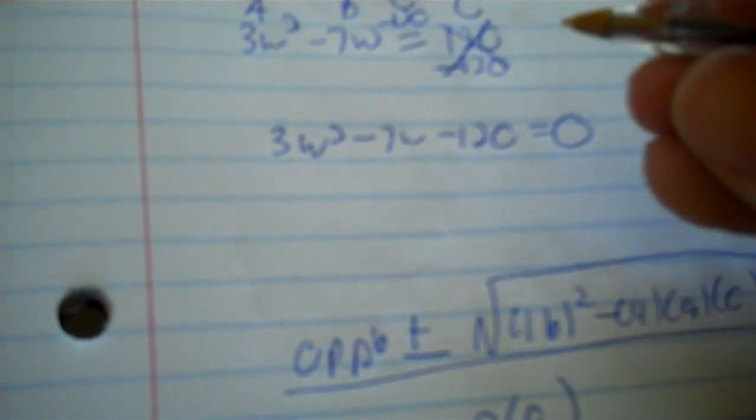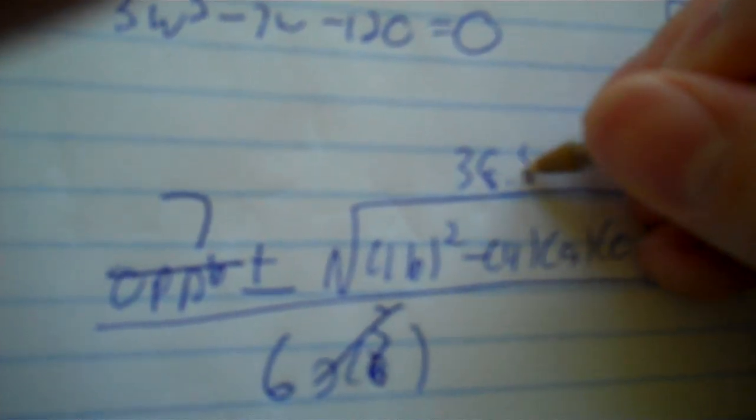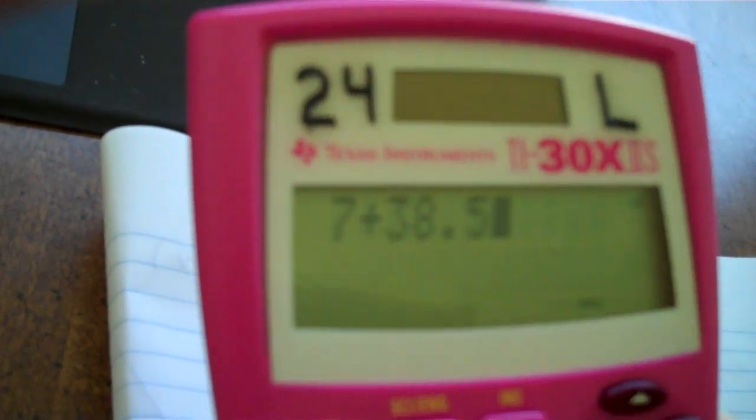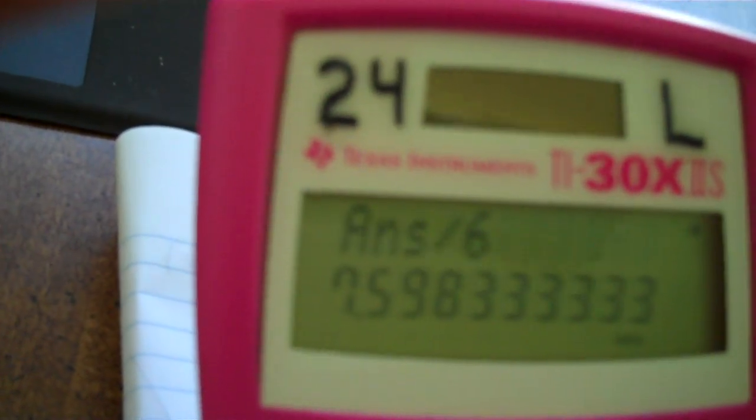Now the opposite of minus 7 is 7, and then A is 3. 2 times 3 is 6. Square root I already know is 38.59. Okay? So we have 7, 6, 38.59. Okay, 7.60.